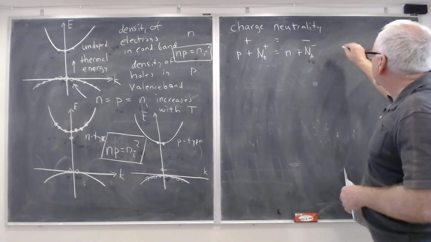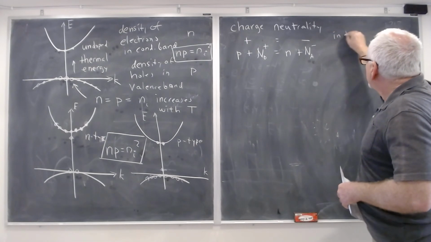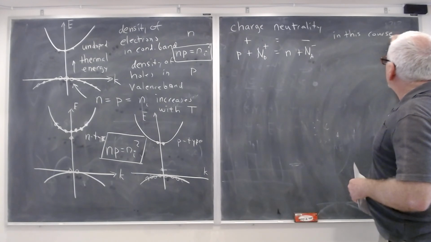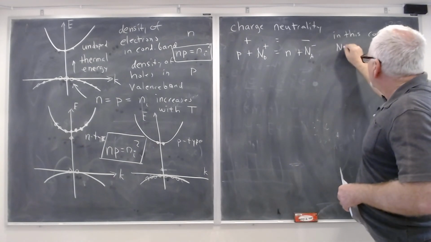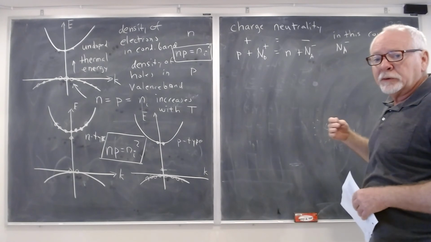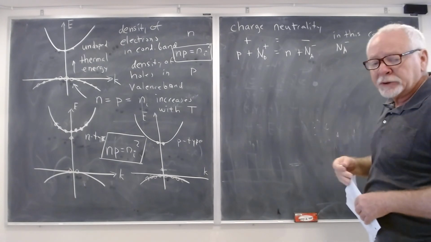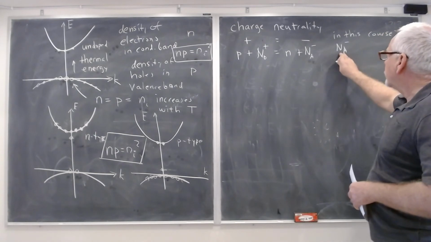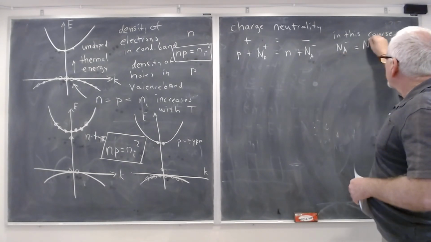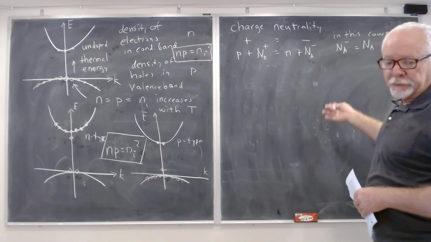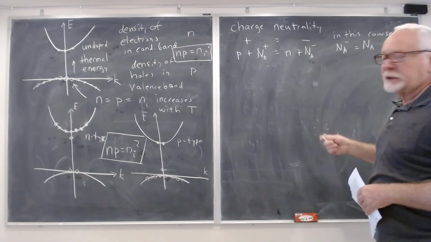And furthermore, I told you that in this course, we would assume that the ionized acceptors, meaning the acceptors that have accepted an electron and so are negatively charged, are roughly equal to the density of acceptors, meaning every acceptor is ionized.